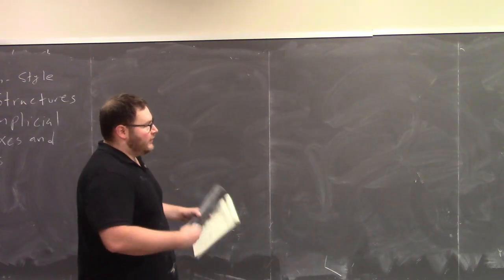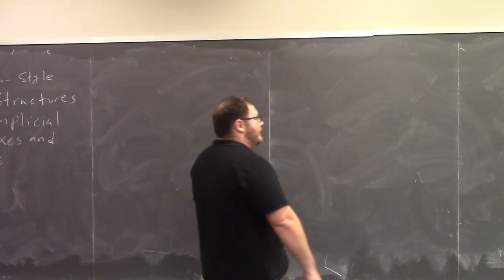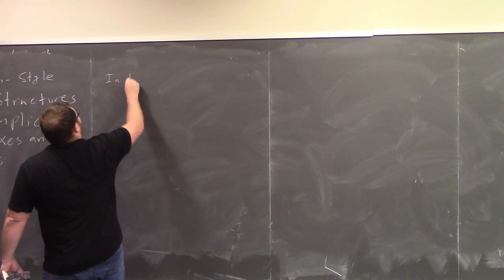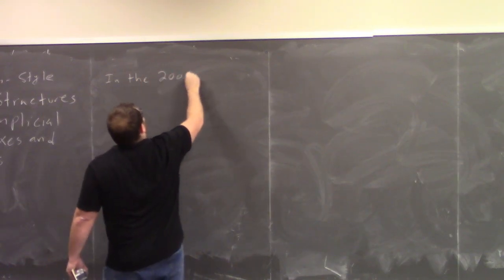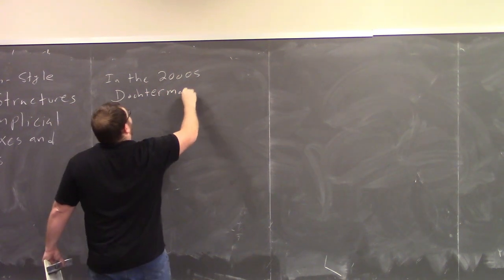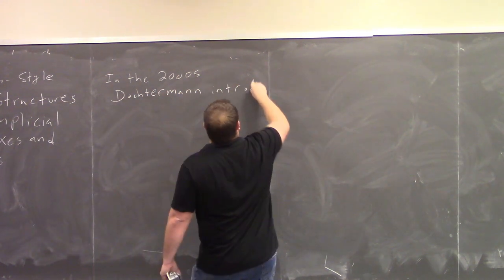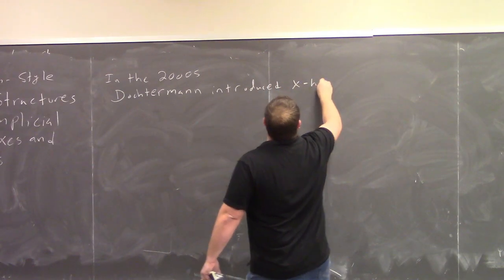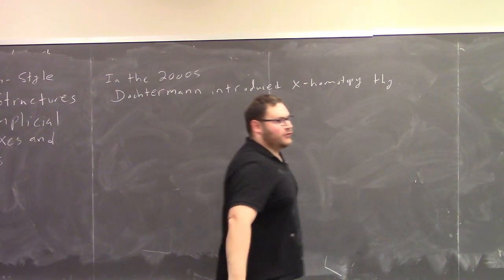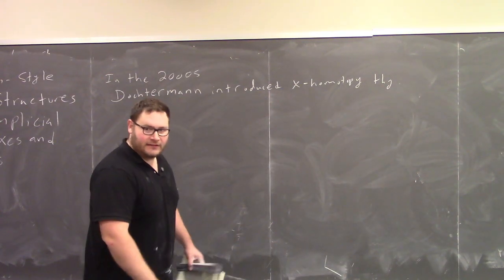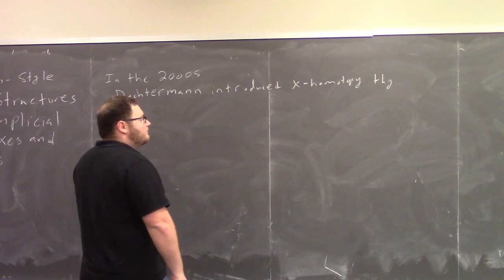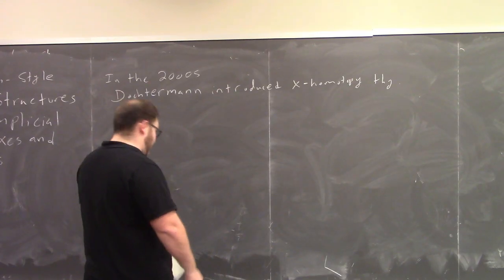People built on this over the years, and then in the 2000s, Dochtermann introduced X-homotopy theory, which is just the idea that I told you about before, that you have these homotopies with the X, the categorical product.